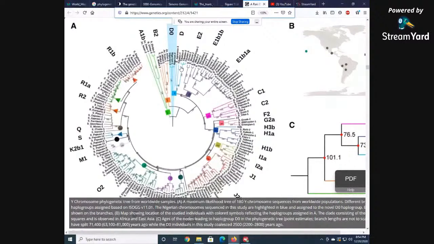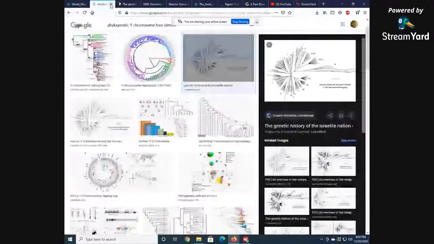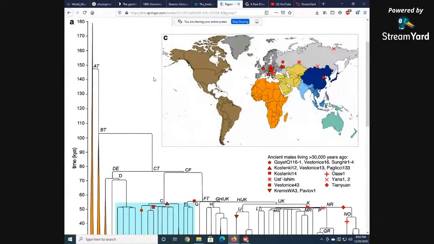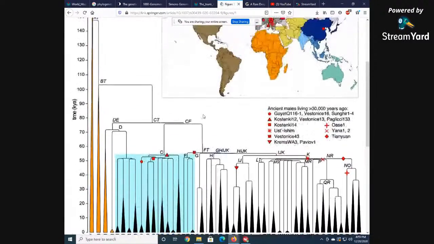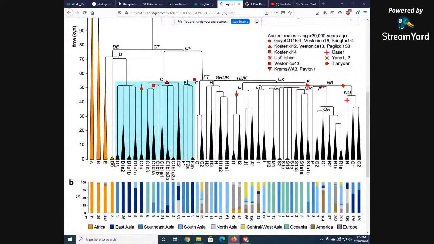But if we go to this other tree, let's see this other tree. This one here. We can see the amount of time that the DOs are here.